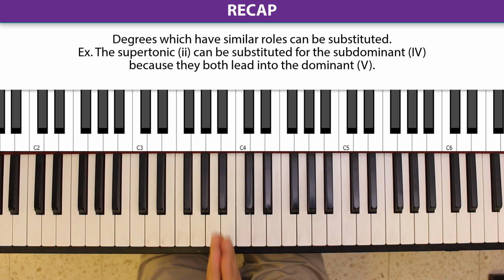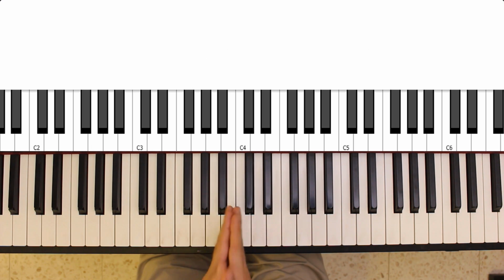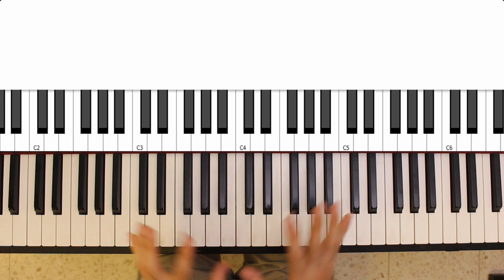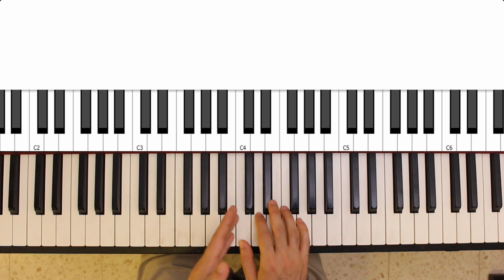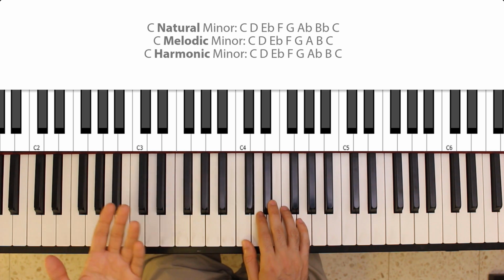Now let's re-examine these concepts, but using a minor scale. The first big difference when comparing minor and major scales is that there's only one major scale, but there are actually many minor scales. For example, again staying on C, we have the C natural minor.